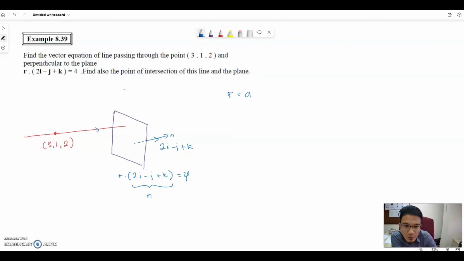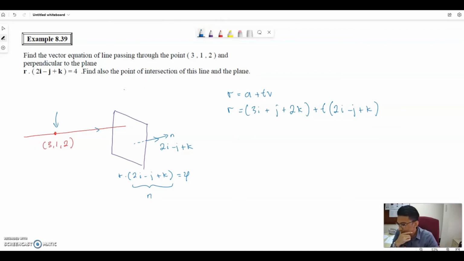So r equals a plus tv. For a, we can choose this point, 3i plus j plus 2k, plus t v, where v is the direction vector of the line that is parallel to vector n. So we can just take v as 2i minus j plus k. So that is the vector equation for the line.